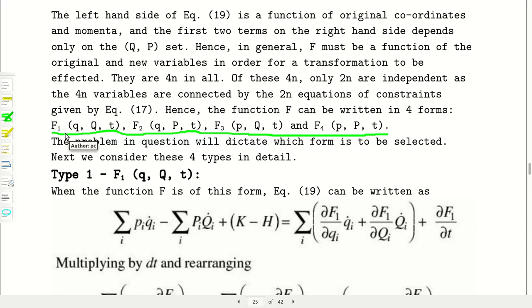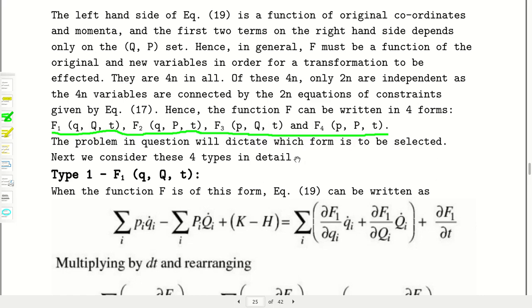Every function contains 2n variables, but these are the 4 distinguished functions. You can't think of any extra kind of F functions other than these 4 functions.